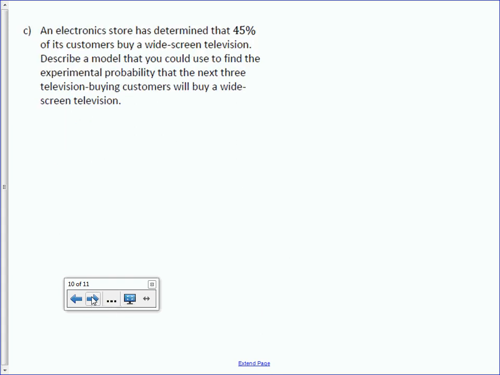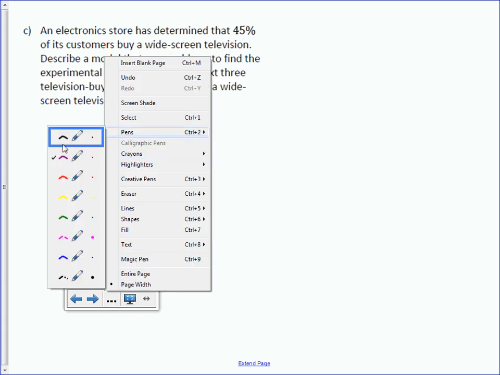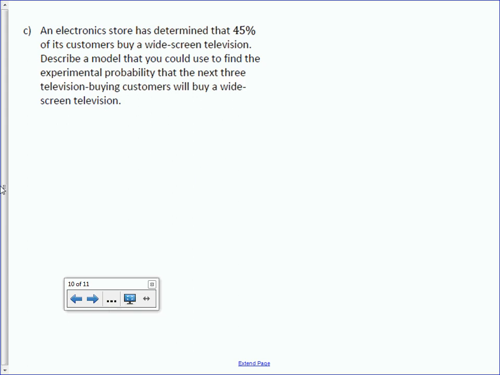Letter C. An electronics store has determined that 45% of its customers buy a widescreen television. Describe a model that you could use to find the experimental probability that the next 3 television buying customers will buy a widescreen television. So again, first things first, let's change that percent into a fraction.